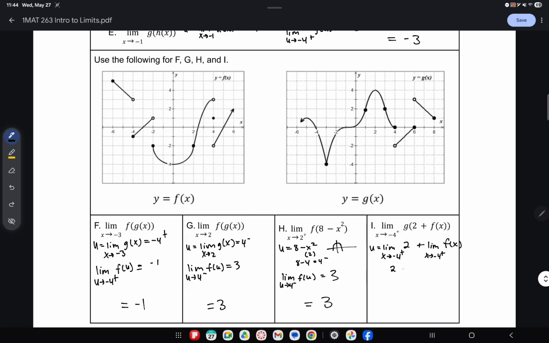So that's going to give me 2 plus, and let's see, -4 from the right is going to be -1. And 2 plus -1 is 1. So the limit as u goes to 1 for g of u is 2. So that whole thing is 2.